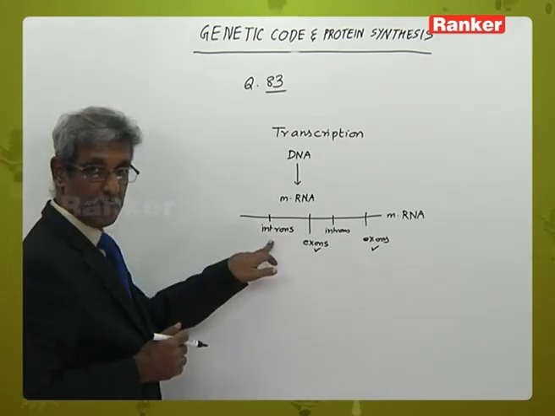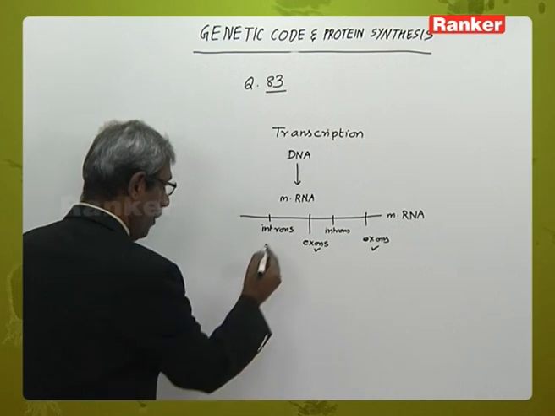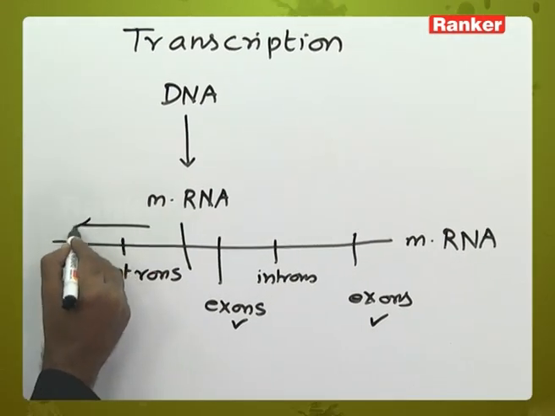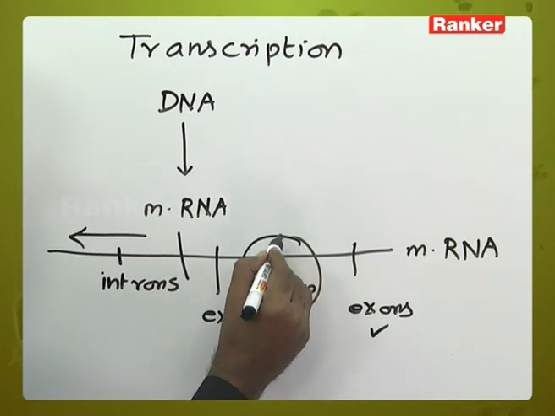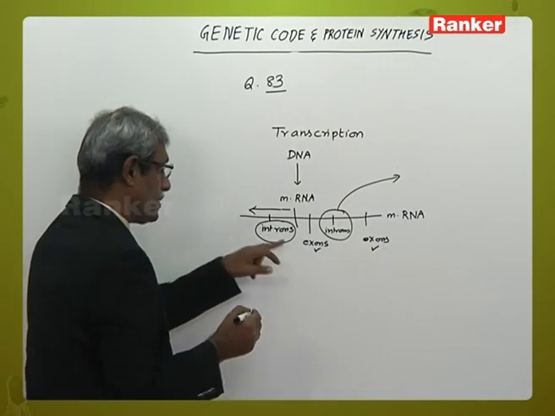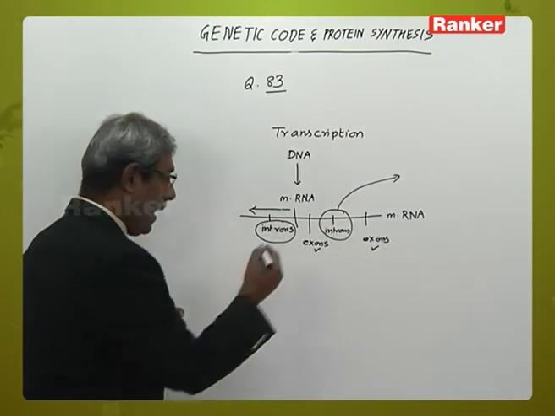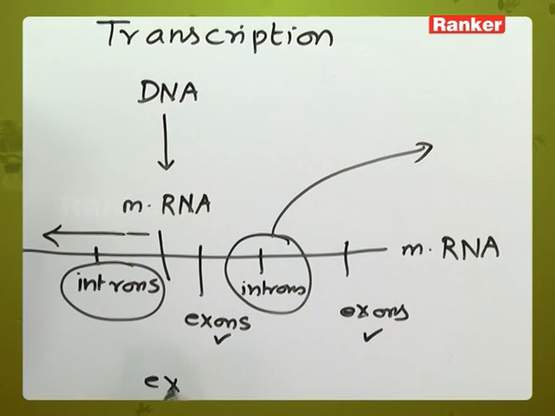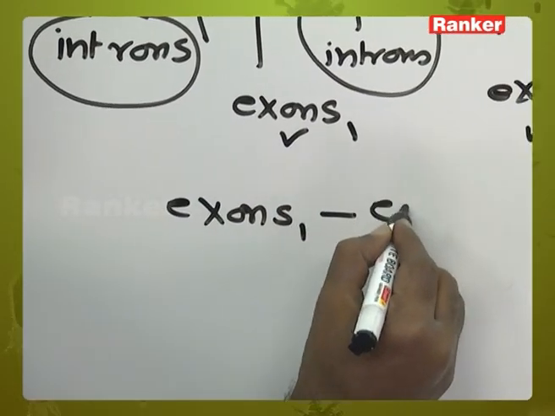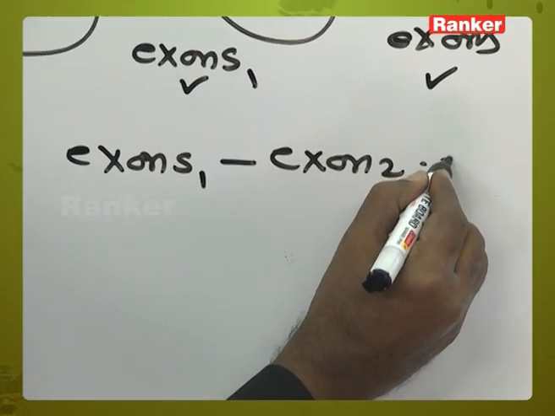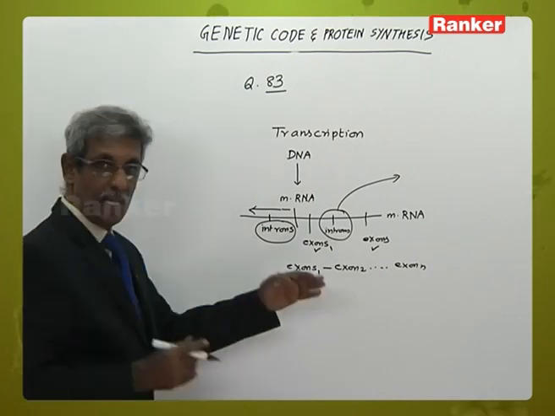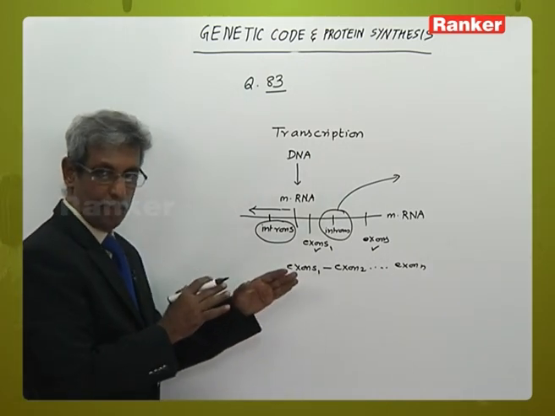Introns are non-coding sequences. So, all the introns can be cut and removed, and the exons can be joined. So, you have exon 1 combining with exon 2, and similarly up to exon n. All exons can be joined in a defined order.